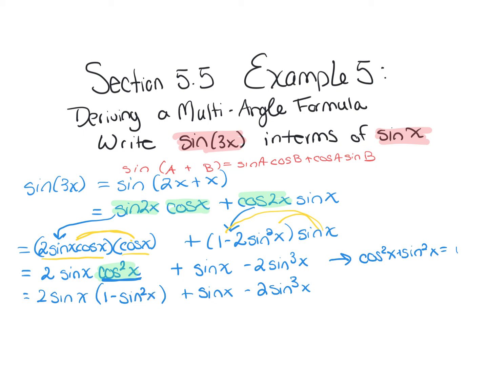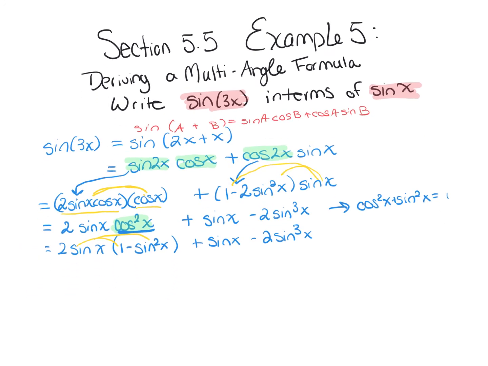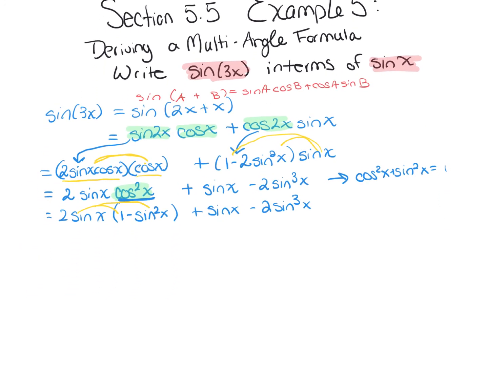I have gotten just the sines, and now I just need to do a little bit of algebra. Need to distribute the sine in. So when I do that, I get 2 sine x minus 2 sine cubed x plus the sine x minus 2 sine cubed x. This negative 2 sine cubed and this negative 2 sine cubed can combine.